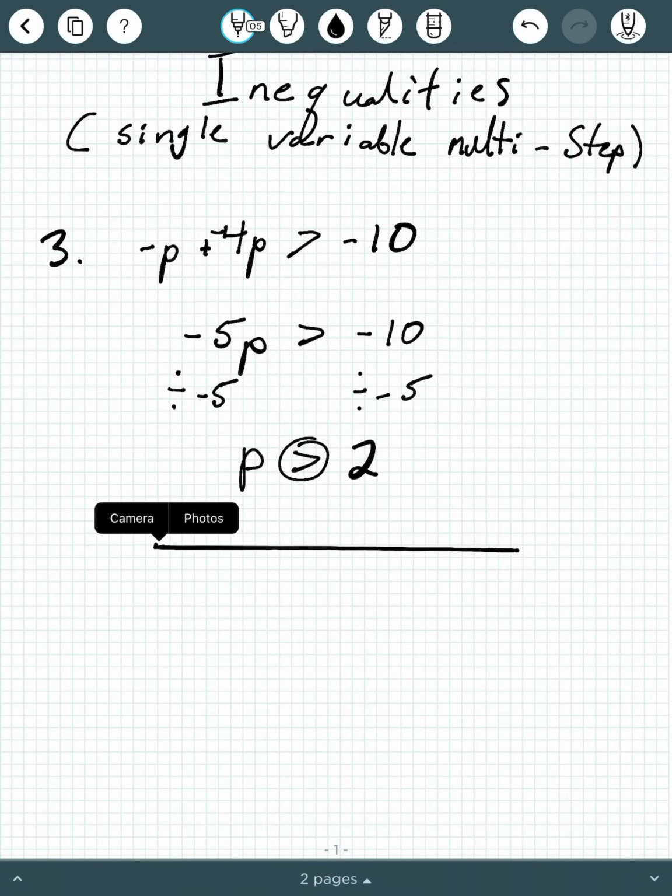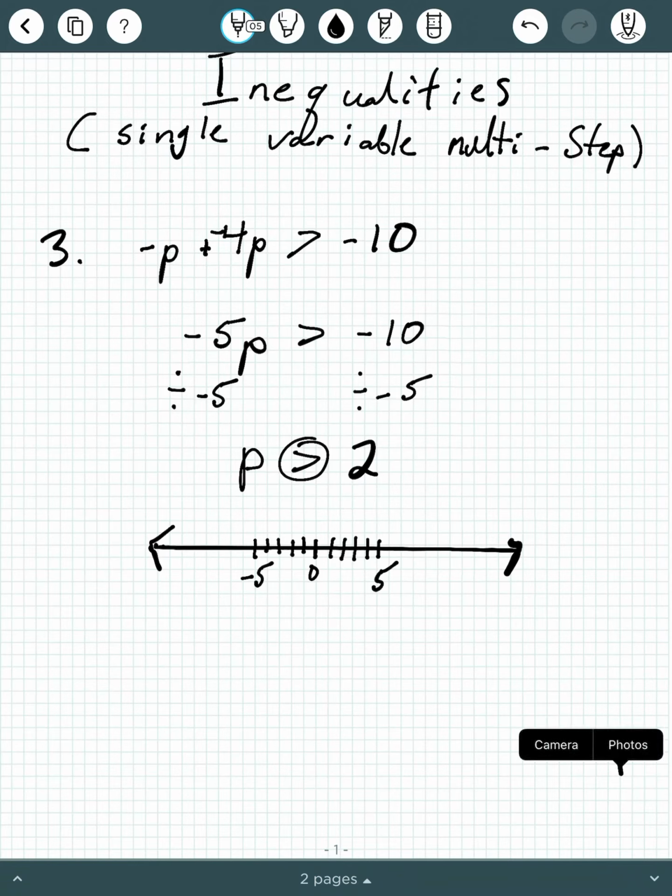So if I sketch a number line quickly, now let's pick a value as a test point, because I know no matter what that 2 is going to be a boundary point, and I know it'll be an open circle because it can't be equal to 2, so we don't make it a dark circle to include it.